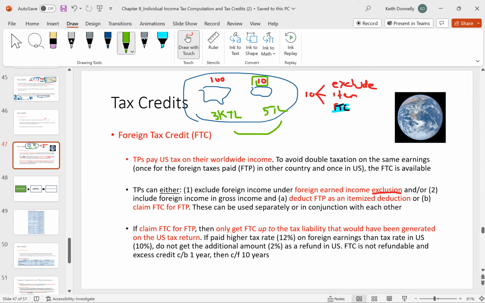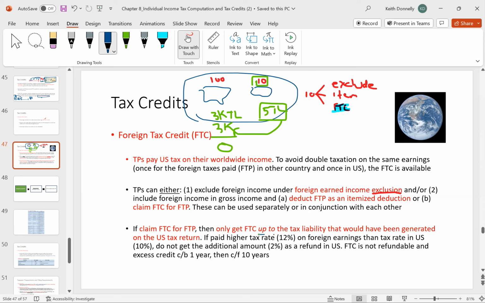The idea with this is you can use these foreign taxes paid as a foreign tax credit, but you can only offset up to your US tax liability. In other words, that excess $2,000, hey, I paid France 5, but you're only giving me a credit for 3, you don't get the difference there, right?